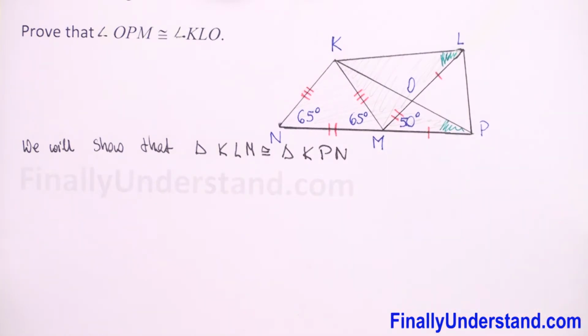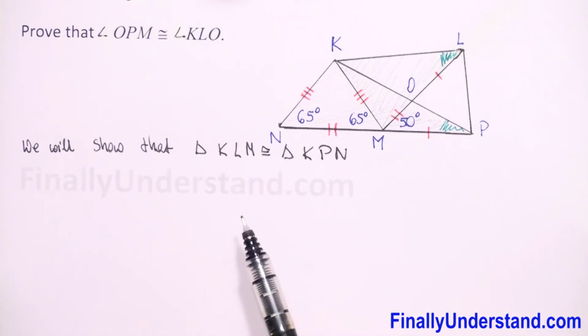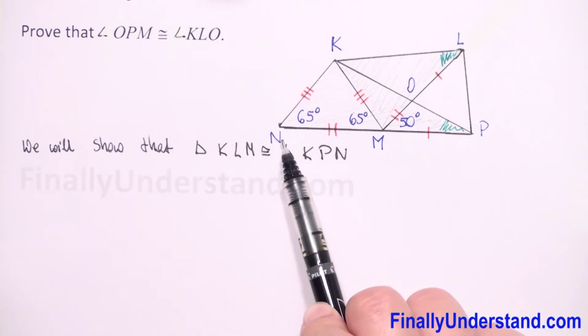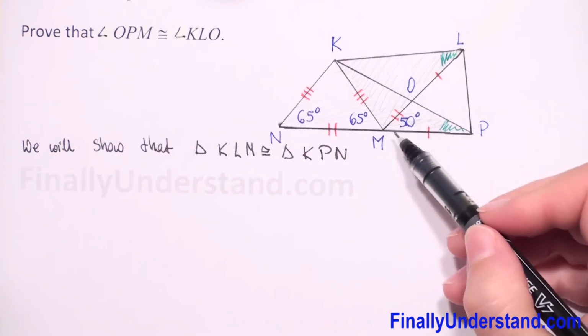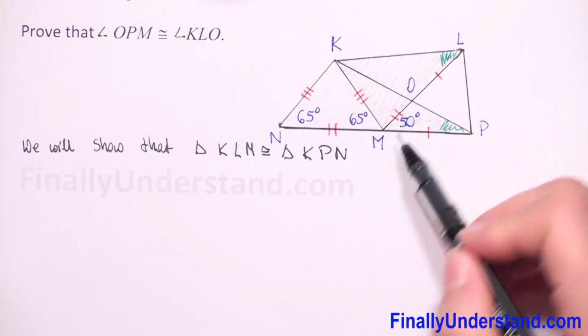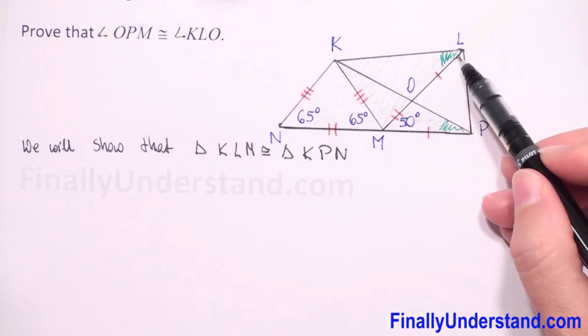Why? Because we see from our diagram that we have given that NM is equal to MO and MP is equal to OL.